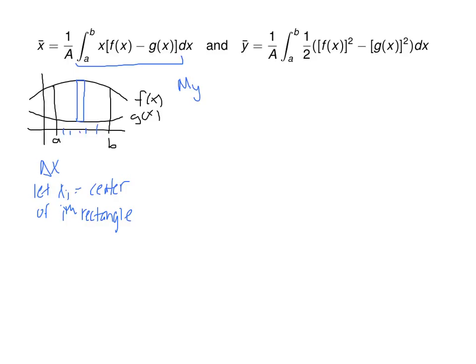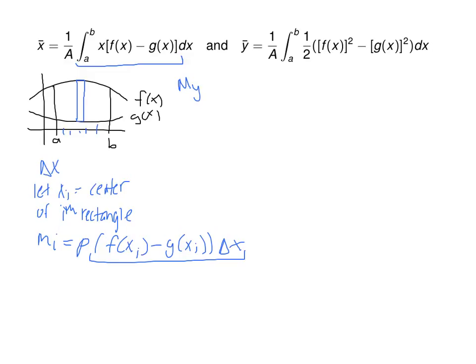Alright, then the mass of that rectangle, let's call that lowercase m sub i, is equal to rho, the density, times its area, which is f of x sub i minus g of x sub i times delta x. Just because you're approximating this by a rectangle, that's the height times the base.